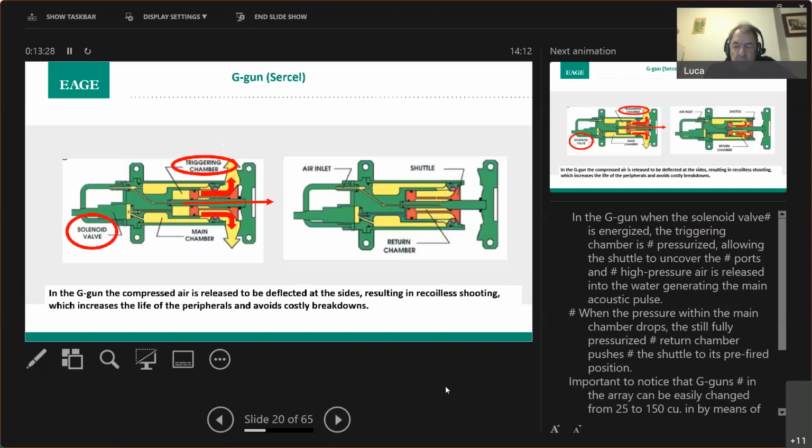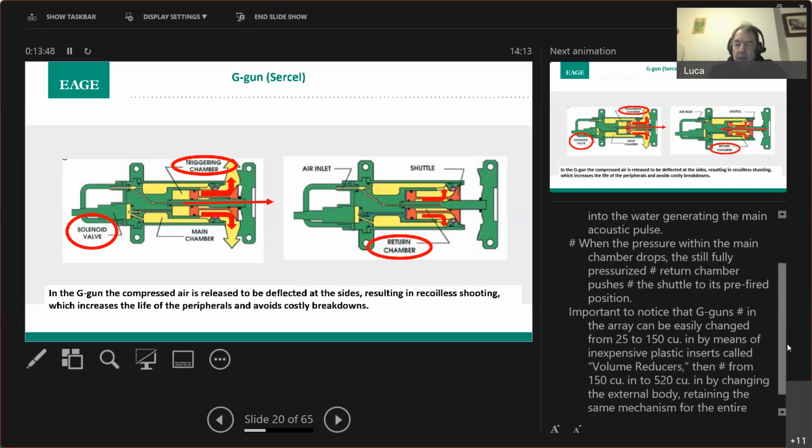When the pressure within the main chamber drops, the still fully pressurized return chamber pushes the shuttle to its pre-fired position.